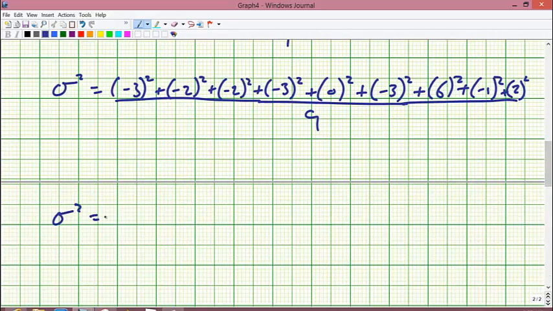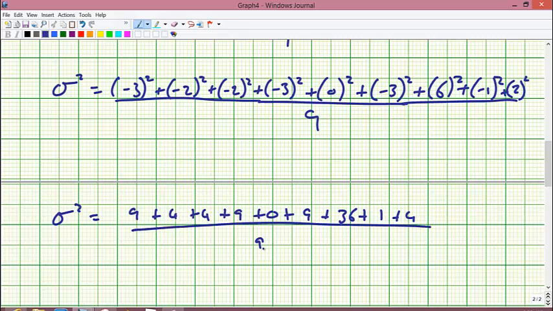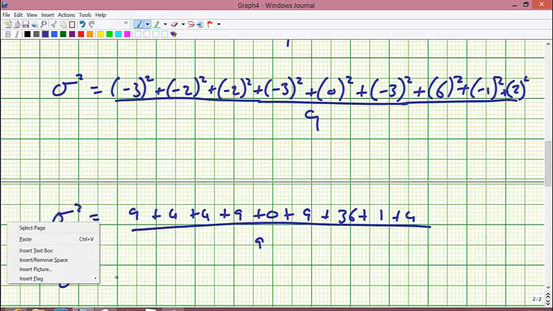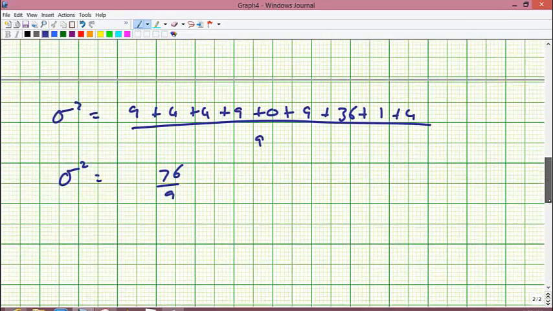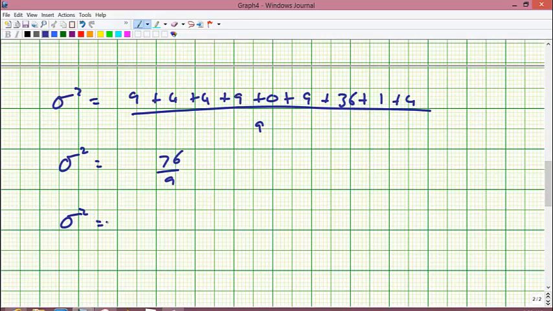Sigma squared equals 9 plus 4 plus 4 plus 9 plus 0 plus 9 plus 36 plus 1 plus 4, over 9. So the variance, sigma squared, equals 76 over 9, which is 8.4 bar. Okay? So that's the second step.